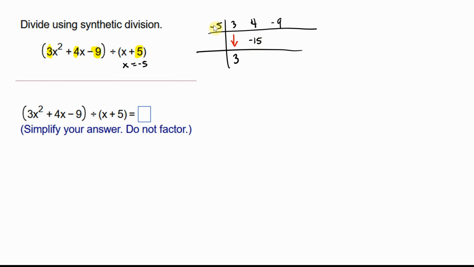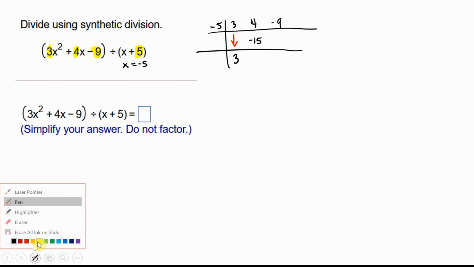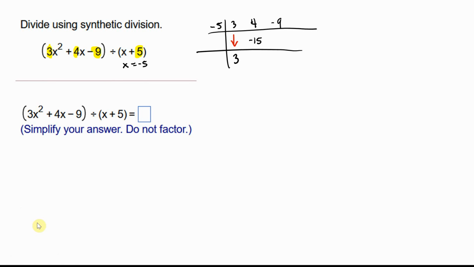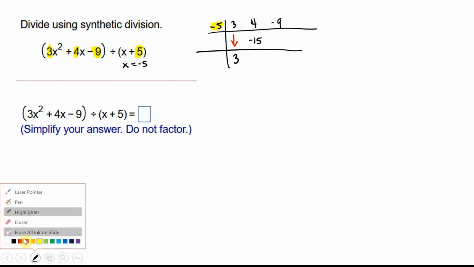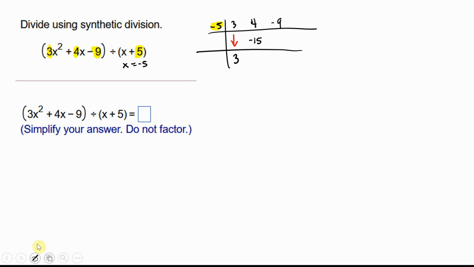And then when I go from this term, that -5 term, it's always being multiplied by whatever's downstairs below. So here this is -11, and so now -5 times -11 is 55.